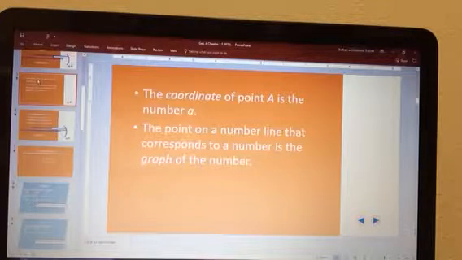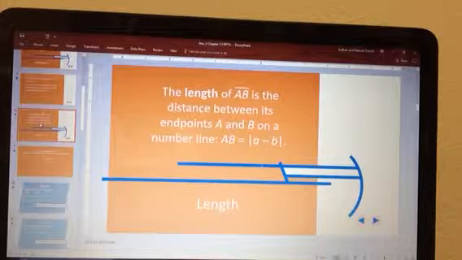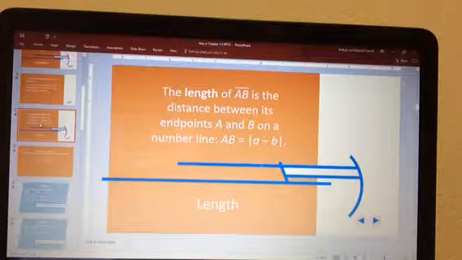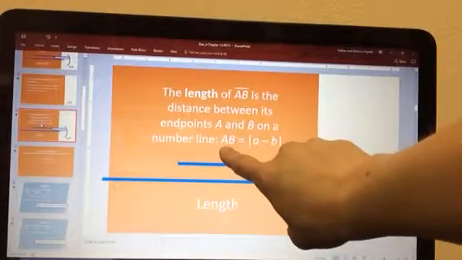So, when I talk about the length of line segment AB, I'm talking about the distance between endpoint A and endpoint B on a number line. The way I actually find that distance is I say, where is point A on my number line?